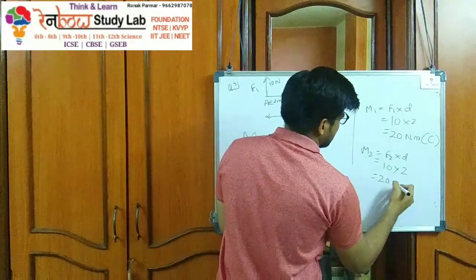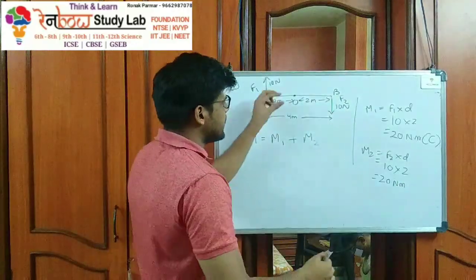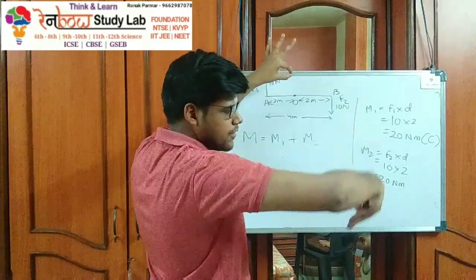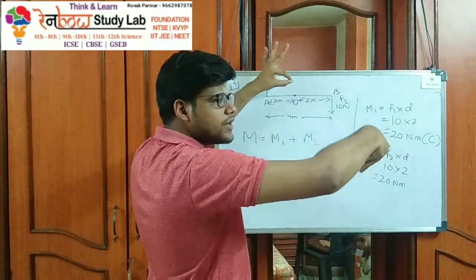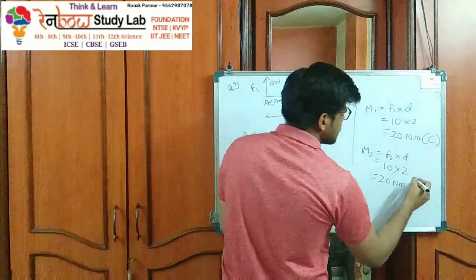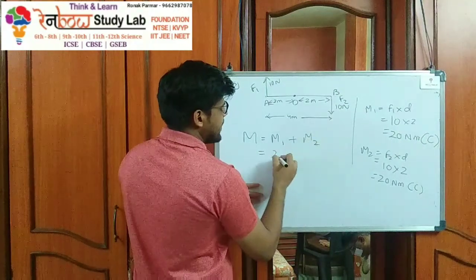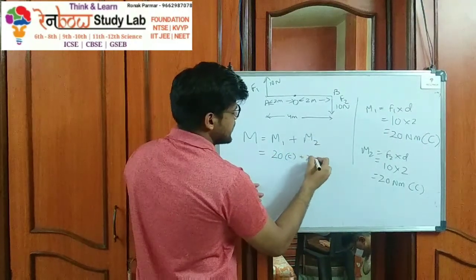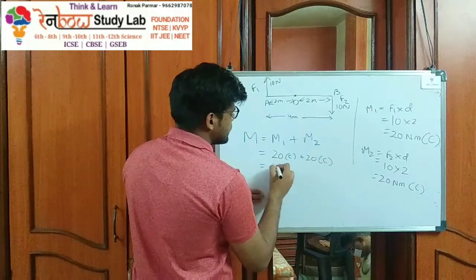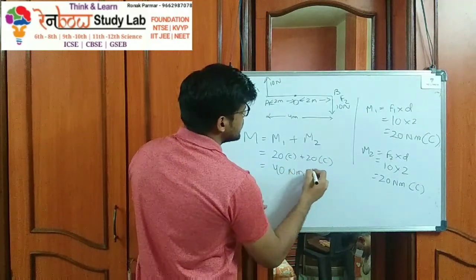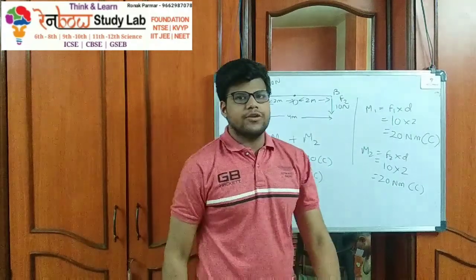Again 20 Newton meter. What type of rotation will it apply? The pivot point is here and force is applied downwards. It is trying to create a clockwise rotation. So again clockwise. So here I will be writing 20 clockwise plus 20 clockwise. So the total answer is 40 Newton meter in clockwise direction.